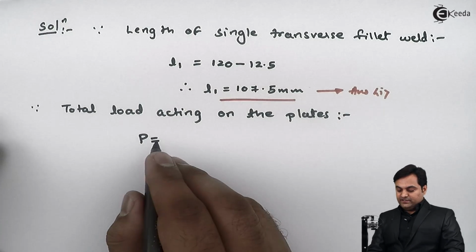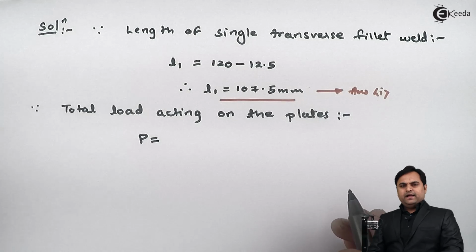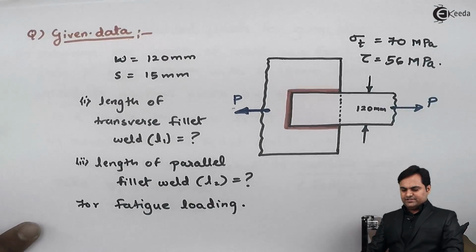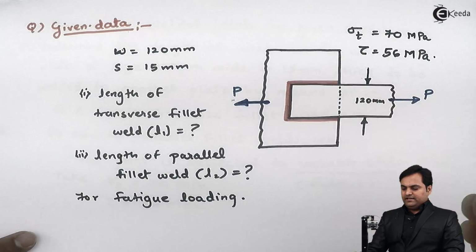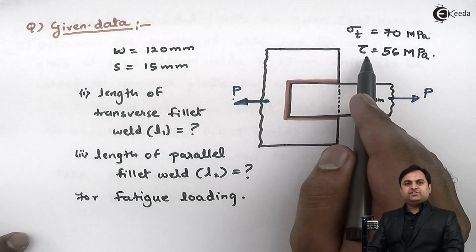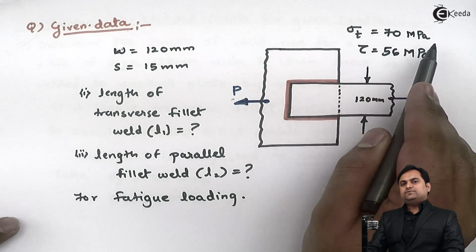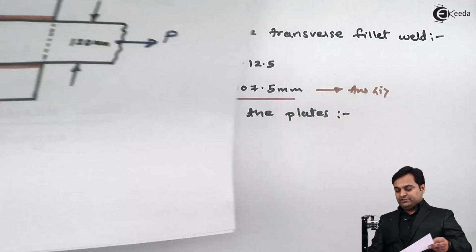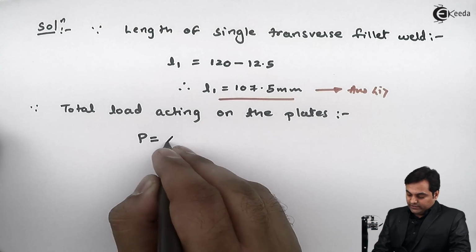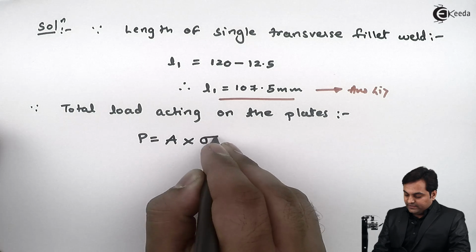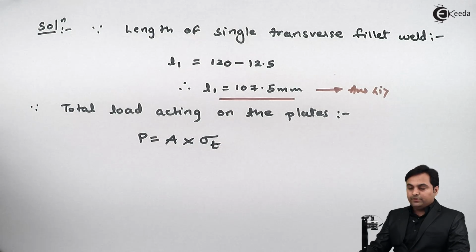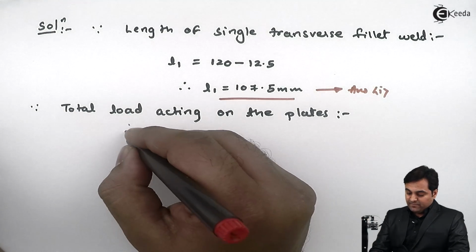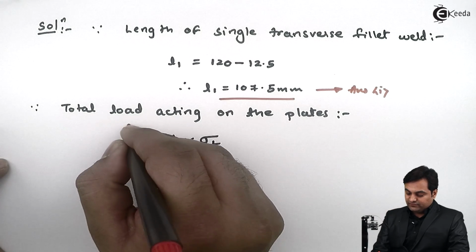So load is basically stress into area, and if we compare the stresses sigma T and tau, that is tensile stress and shear stress, tensile stress has more value, so we need to select this. So here I'll write down area multiplied by tensile stress, because we want maximum load, so we have to take the maximum value of stress.